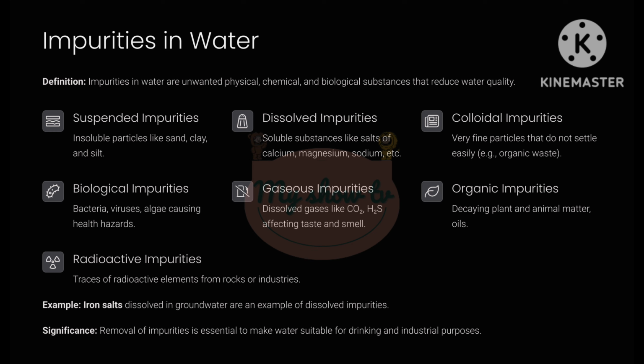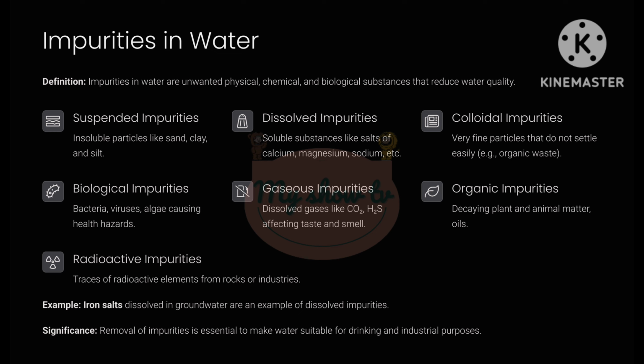5. Gaseous impurities. These are dissolved gases like carbon dioxide, CO₂, hydrogen sulfide, H₂S, and oxygen. For example, H₂S gives water a rotten egg smell. 6. Organic impurities. These come from decaying plants, animals, oils, or industrial waste. They cause bad taste and smell. 7.